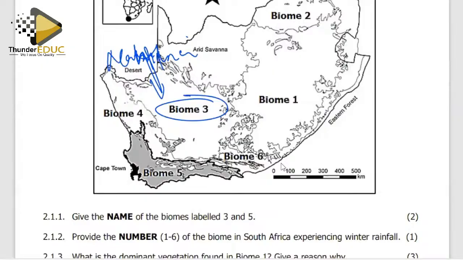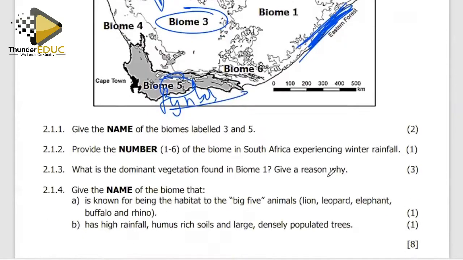And then 5, what is 5? 5 is fynbos. Yes, that's where it's found. Then they're saying, provide the number 1 to 6 of the biome in South Africa experiencing winter rainfall.